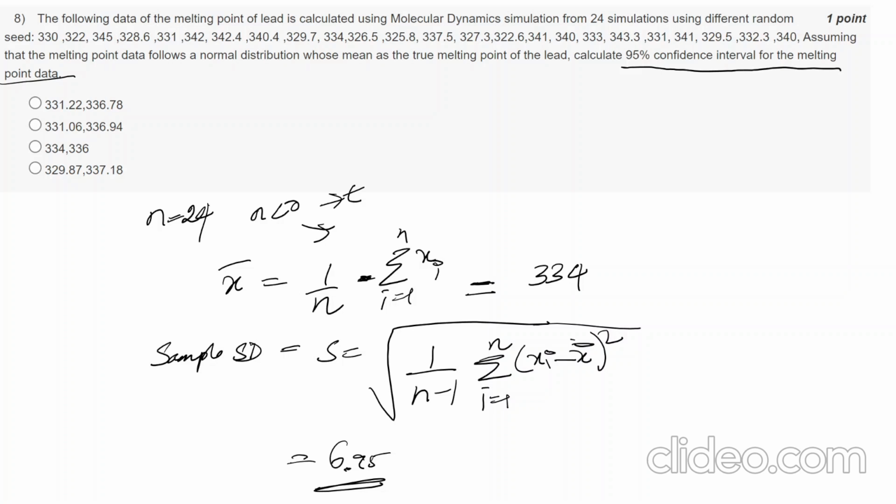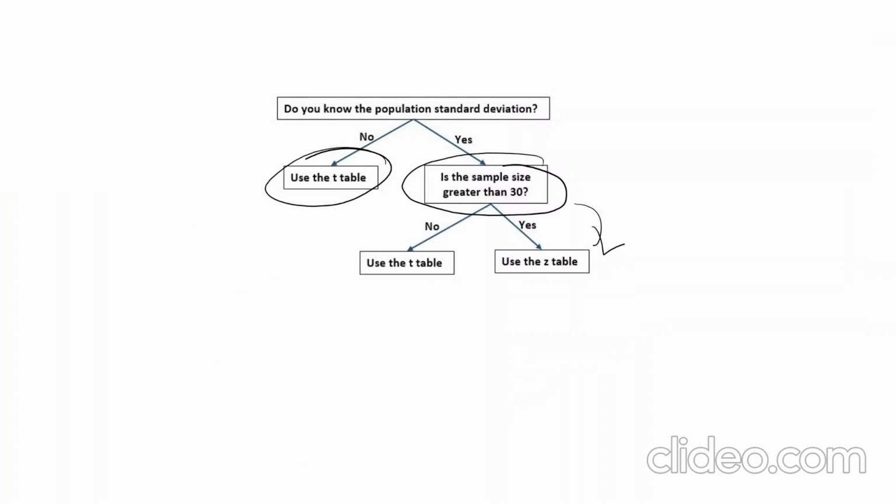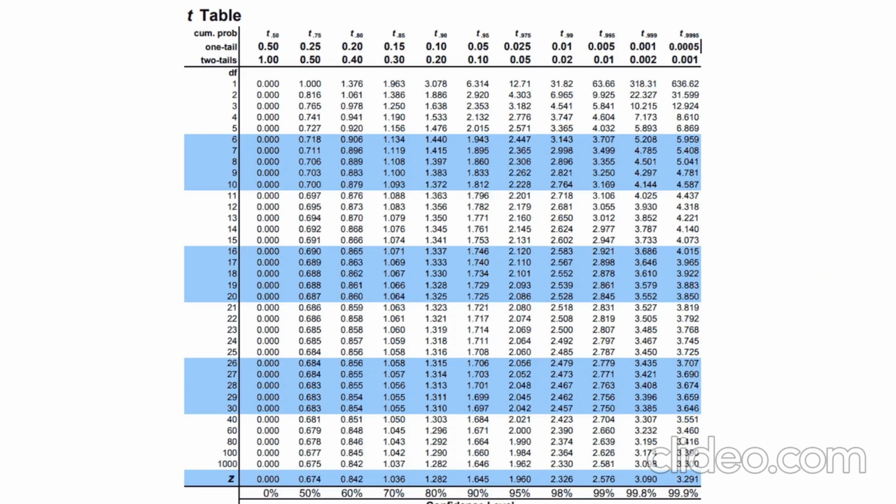First we have to find a critical value. The critical value can be defined from the confidence interval. Confidence 95%. For 95%, if we go and check the z value for the critical value, it is 1.960.